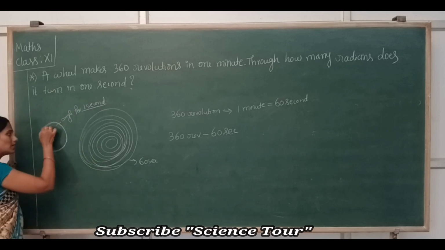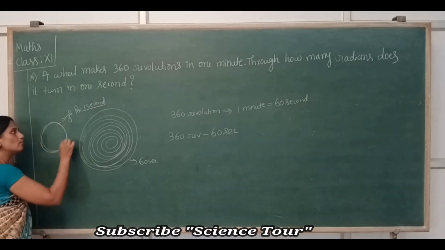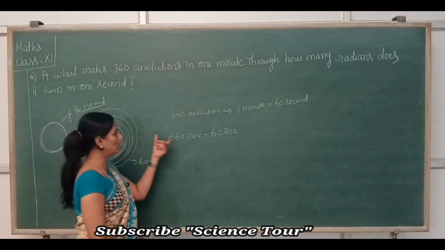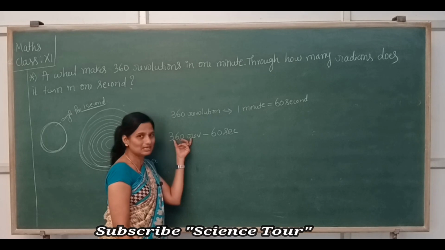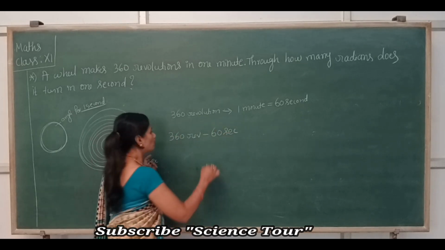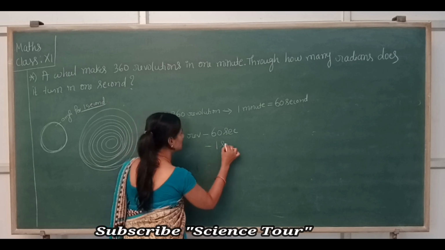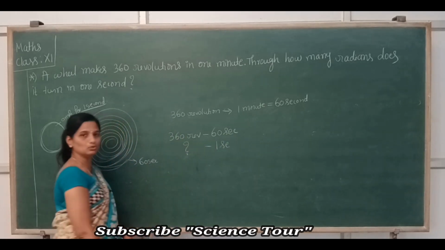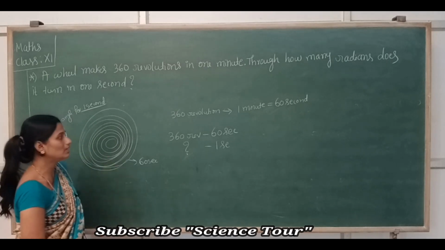How to find that? We know that for 360 revolutions it takes 60 seconds. For 1 second, how many revolutions?